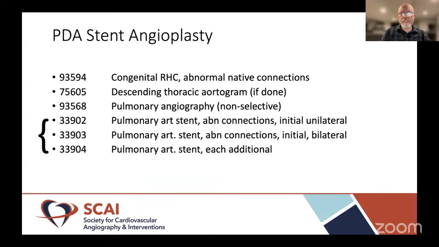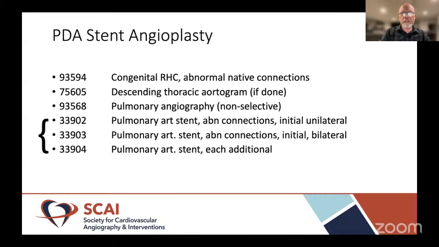If you do additional cath procedures or collect data that would substantiate a left heart cath, you could obviously do that. But in this situation, you would do the congenital right heart cath with abnormal native connections because of the right heart structures you're assessing and tackling.